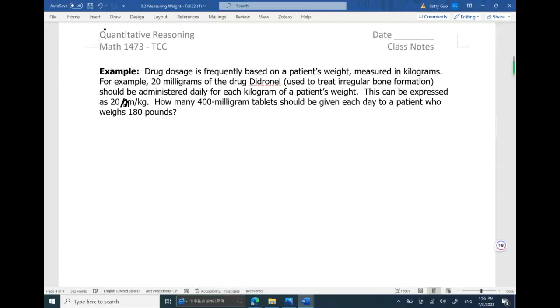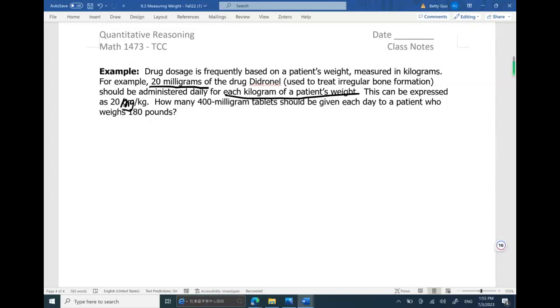Milligrams. 20 milligrams per kilogram of a patient's weight. Yeah, so based on this, 20 milligrams should be administered daily for each kilogram of weight.